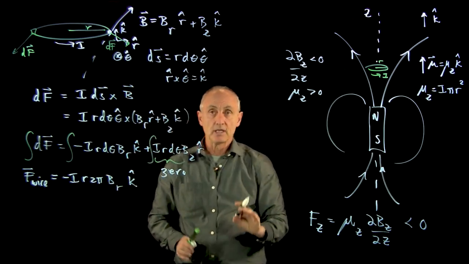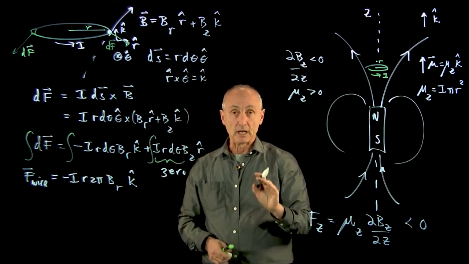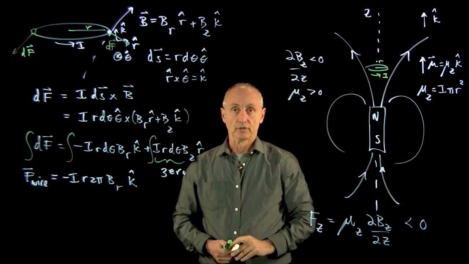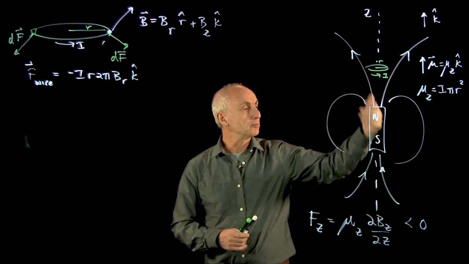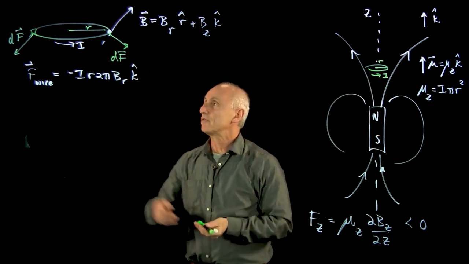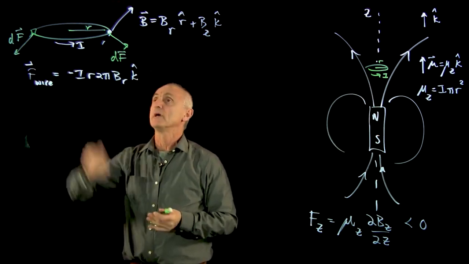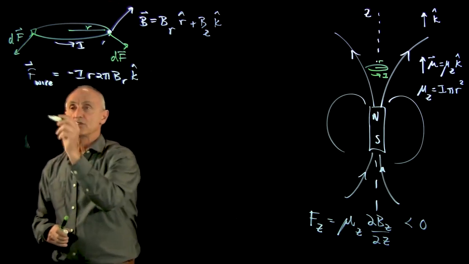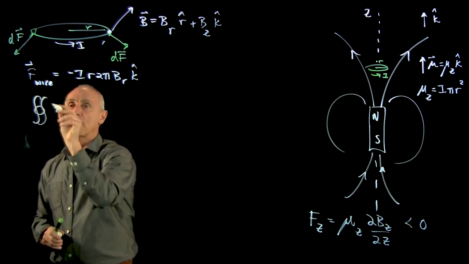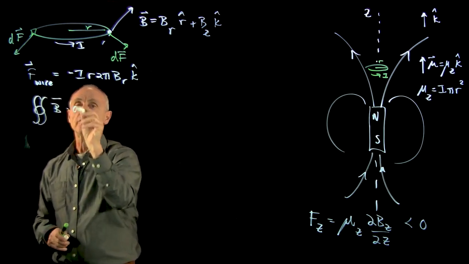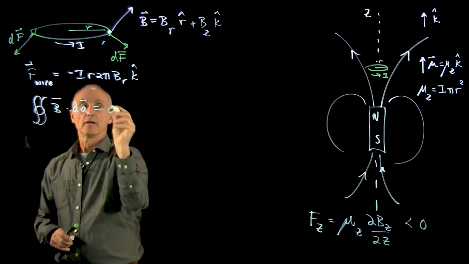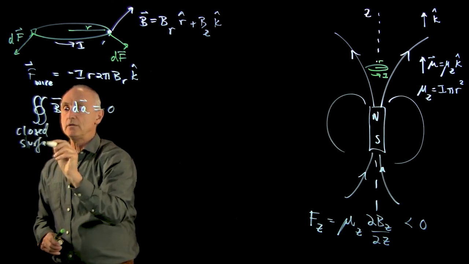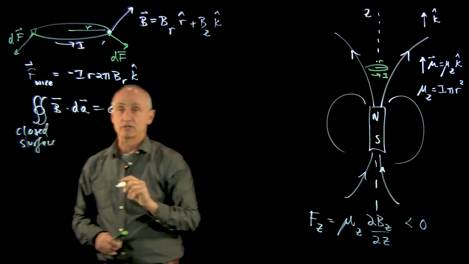Our next step is to see how we can apply Gauss's law for magnetism to connect these two results. When we looked at a current loop above a magnet, we discovered that the force on this wire loop was pointing downward and given by this result. Now what I'd like to do is apply our idea of conservation of magnetic flux: for any closed surface, the magnetic flux in will be equal to the magnetic flux out.